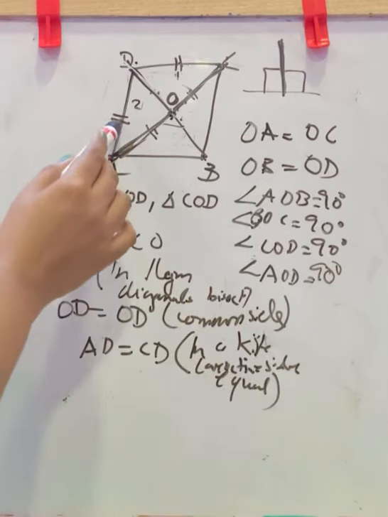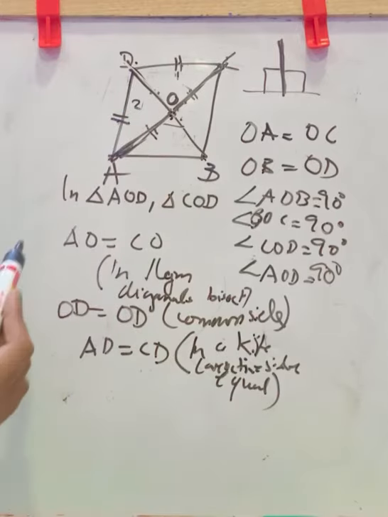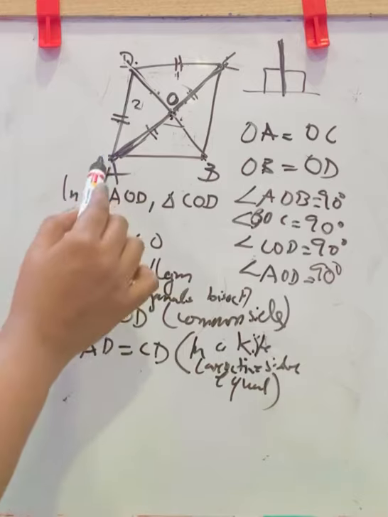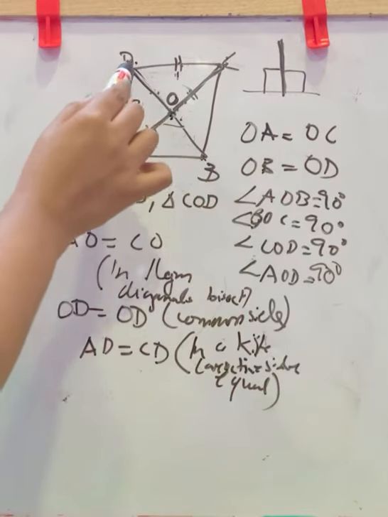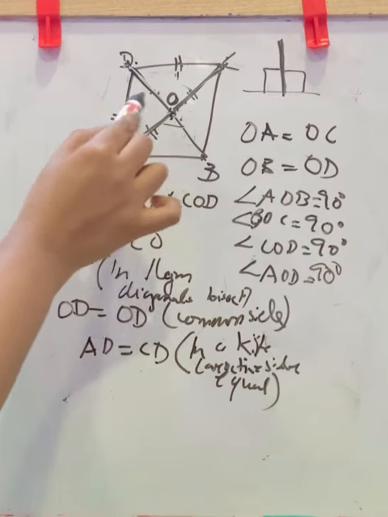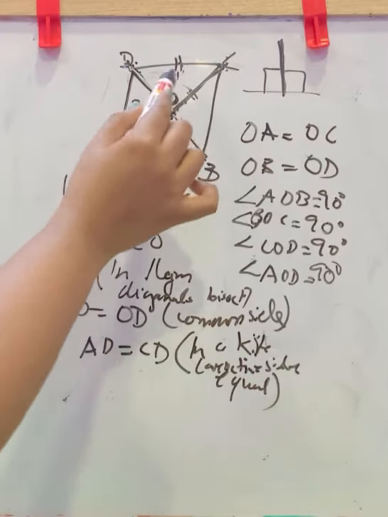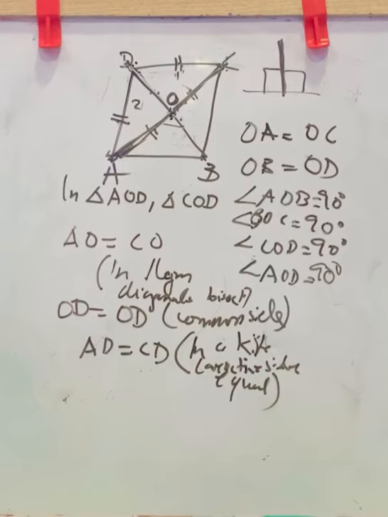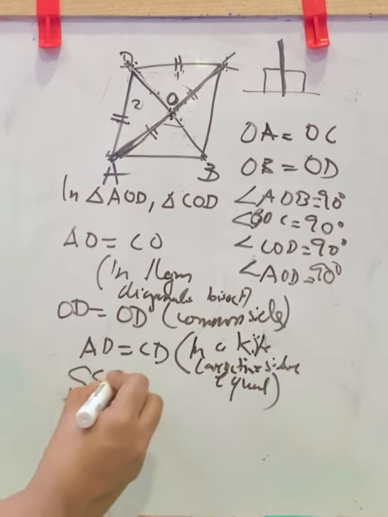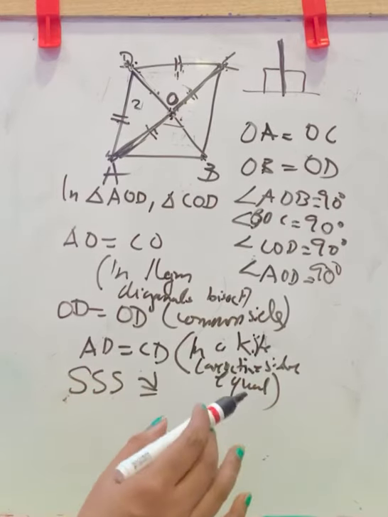So in a rhombus also consecutive sides are equal. So we got AO equal to CO, OD equal to OD, AD equal to CD. Now in these two triangles, all the sides are equal. So this is SSS congruency of triangles.